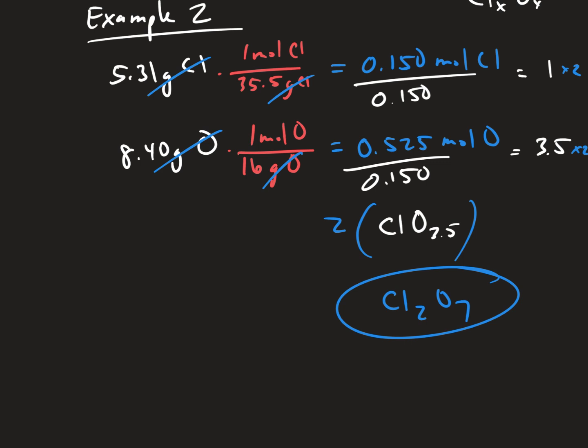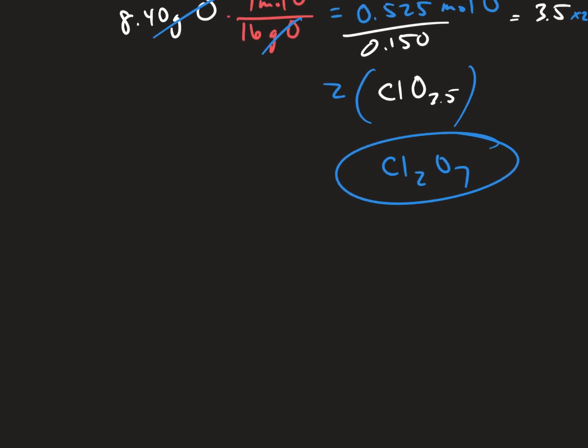Do you want a list of steps? Would that help? Yes or no? Okay. If it doesn't help, don't write them. So step 1, steps for empirical formula. Step 1, convert into moles.